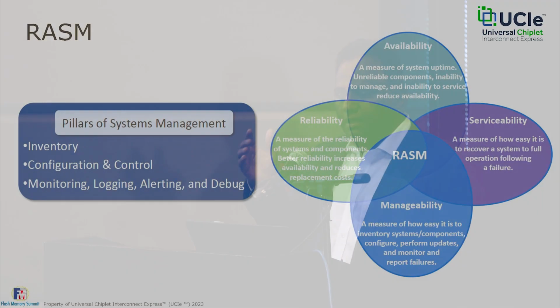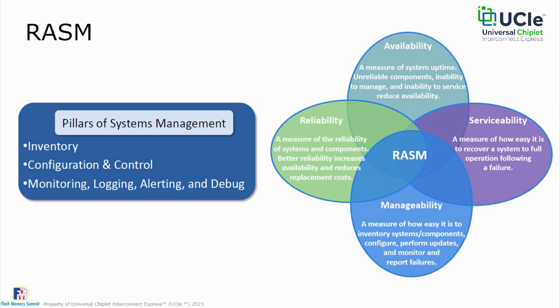It has to first do an inventory of the entire system on a package. It has to be able to configure and control those devices. And then continuously monitor the health of the system, whether it's thermal or power, taking remedial action, logging errors, logging events, and in the case of failures, it also has to be able to alert either the upper level software or the user.